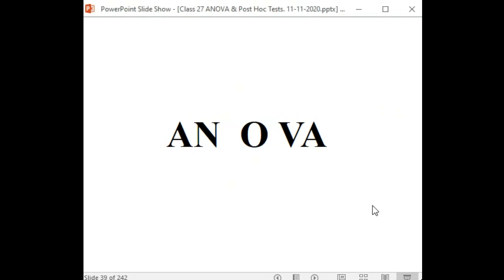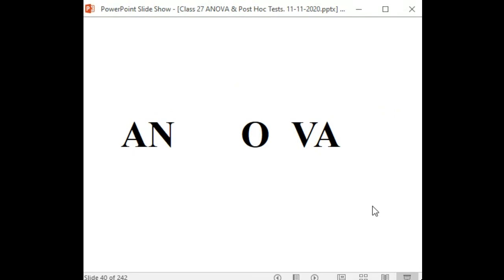The name of ANOVA is an acronym, an abbreviation. The letters ANOVA stand for Analysis of Variance. I won't go into a long explanation of the name here today, but I will point out that you already know what variance is.